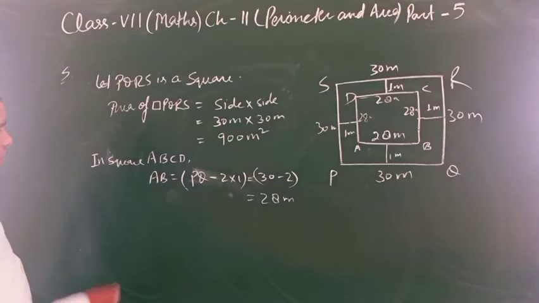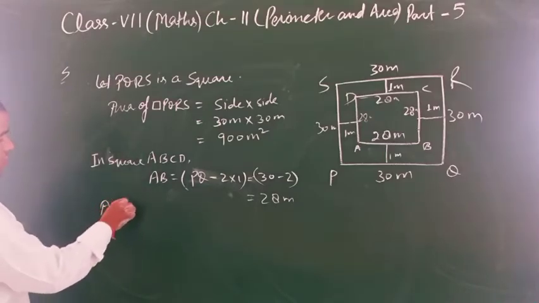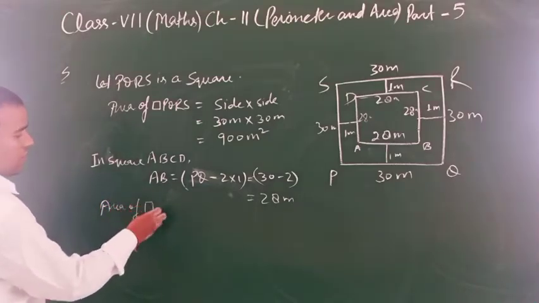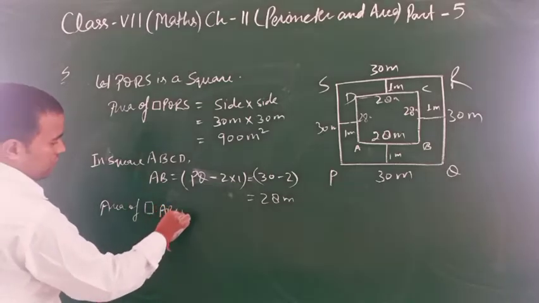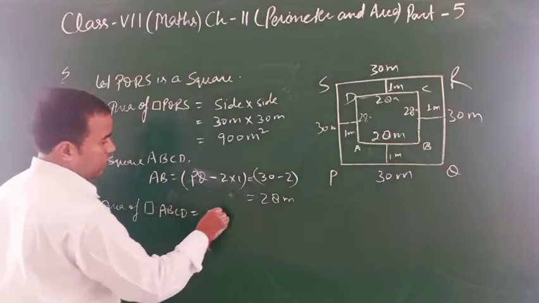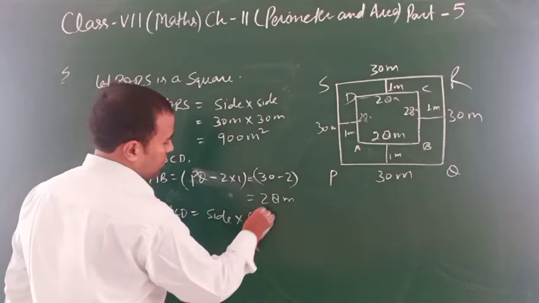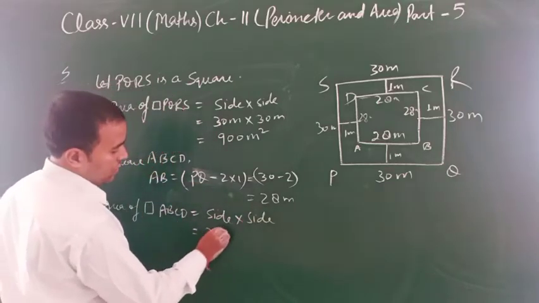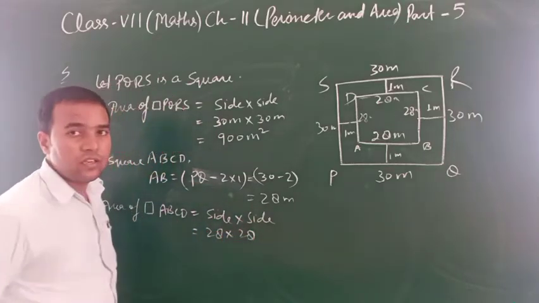Clear? So area of square ABCD equal to side into side, which means 28 into 28.